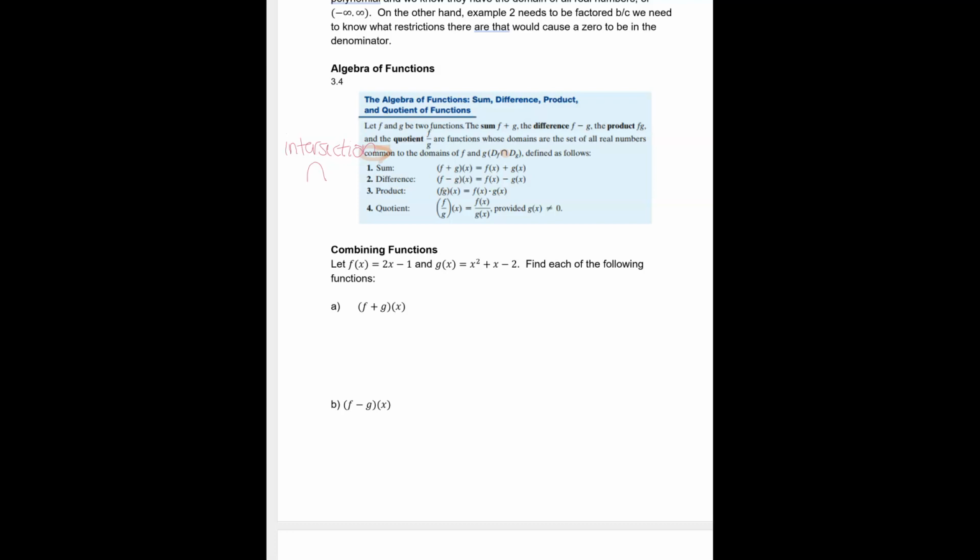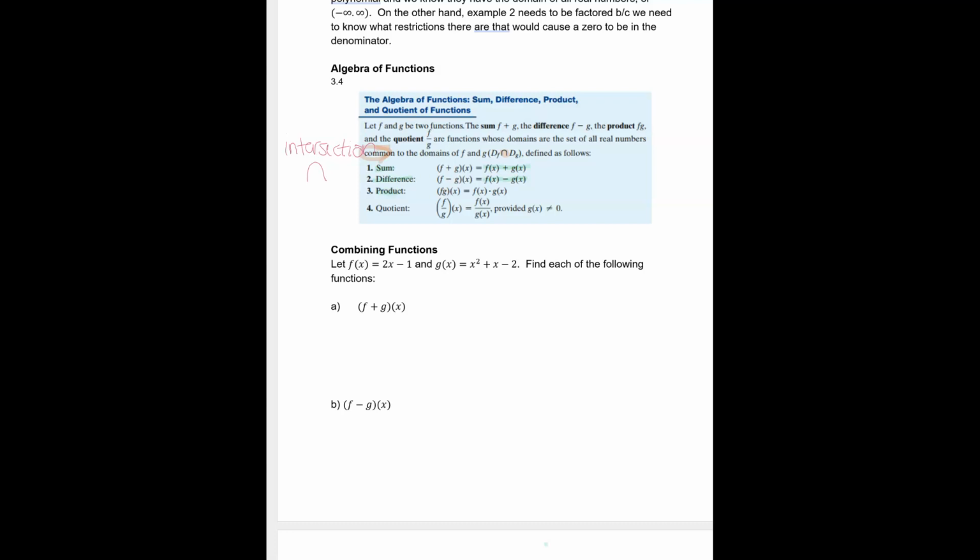All right, so let's look here. I'll do this in a different color. Here's the sum: you have f plus g of x. The definition of that is f of x plus g of x. Then we have the difference: f minus g of x, whose definition is f of x minus g of x. So you take one function and subtract another function.